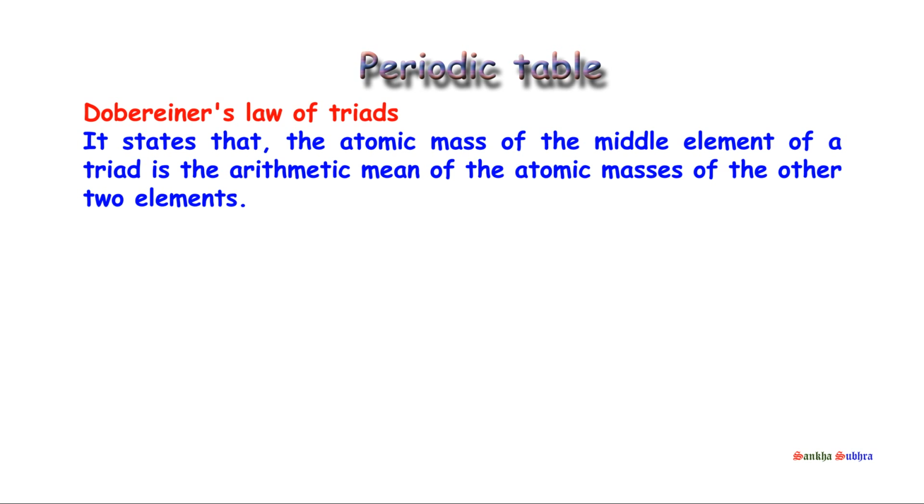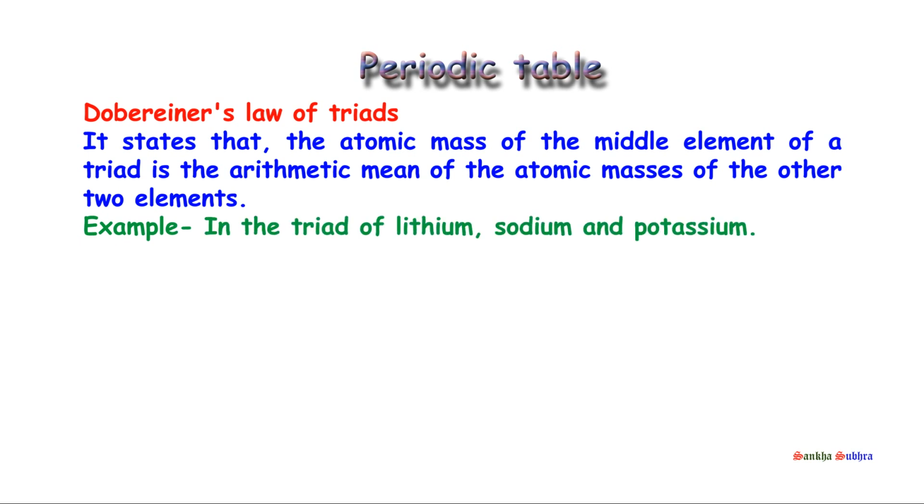Now we will highlight Döbereiner's Law of Triads. This law states that the atomic mass of the middle element of a triad, or three elements, is the arithmetic mean of the atomic masses of the other two elements if they have been arranged in ascending order. Basically, if we look at lithium, sodium and potassium, the atomic mass of lithium is 7 and the atomic mass of potassium is 39.